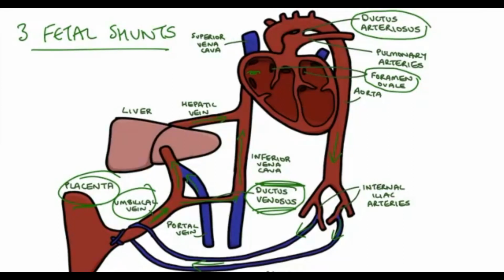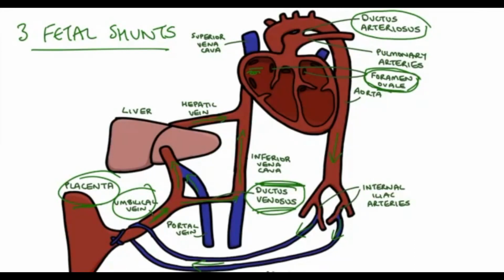So you've got all that lovely oxygenated blood coming into the inferior vena cava into the right-hand side of the heart. Now this is where we meet our second shunt, and this is called the foramen ovale. It's difficult to see on this diagram, but essentially this is a hole in the wall, the septum between the two atria.